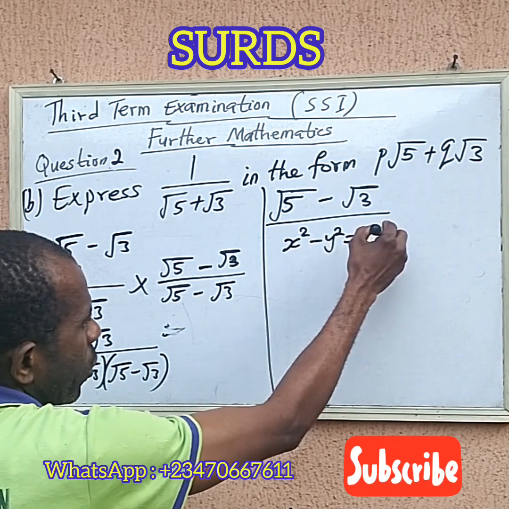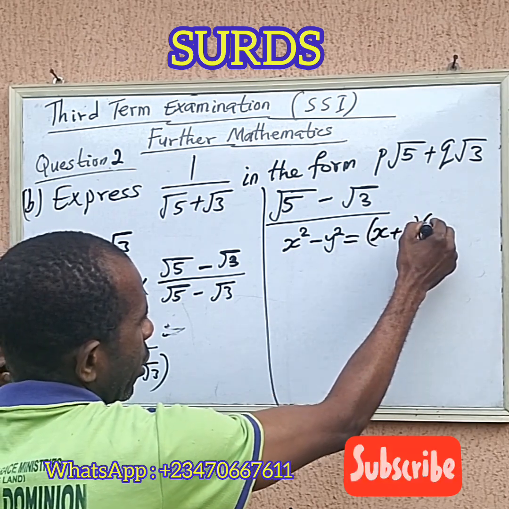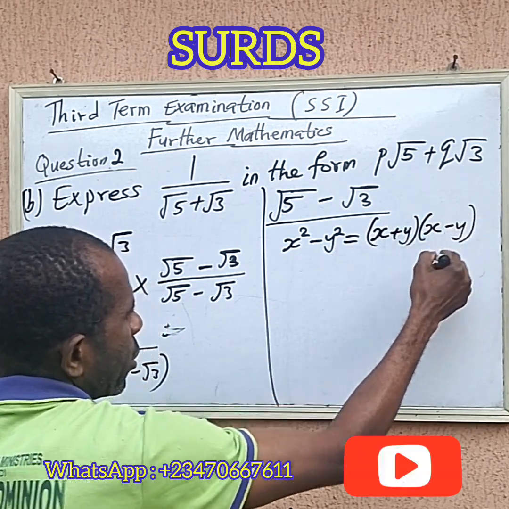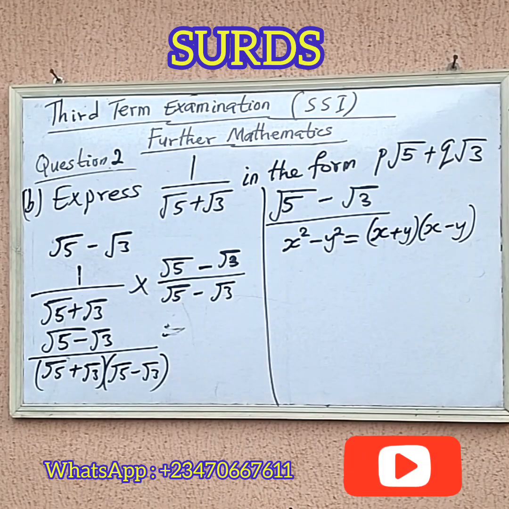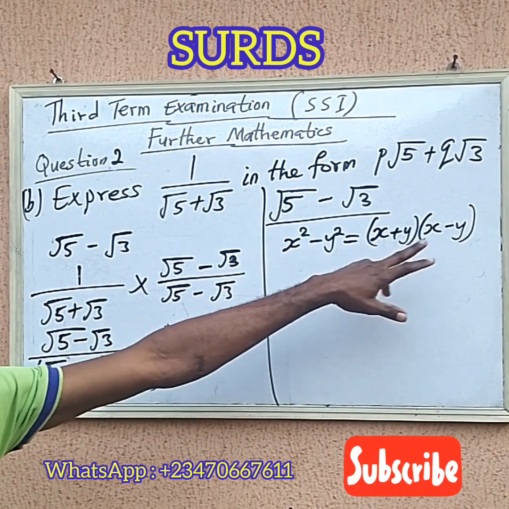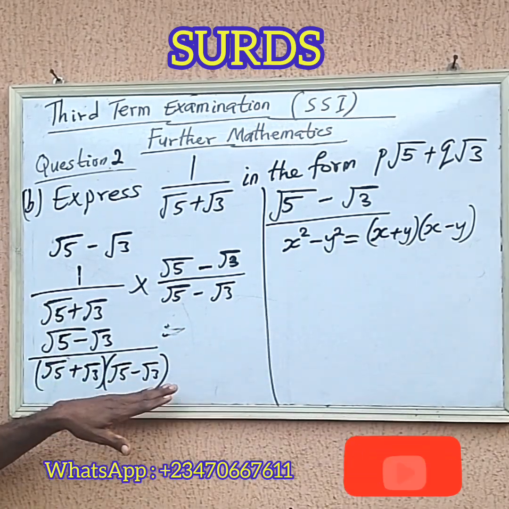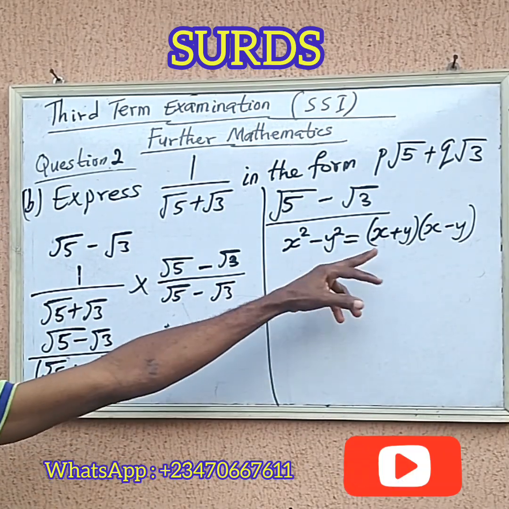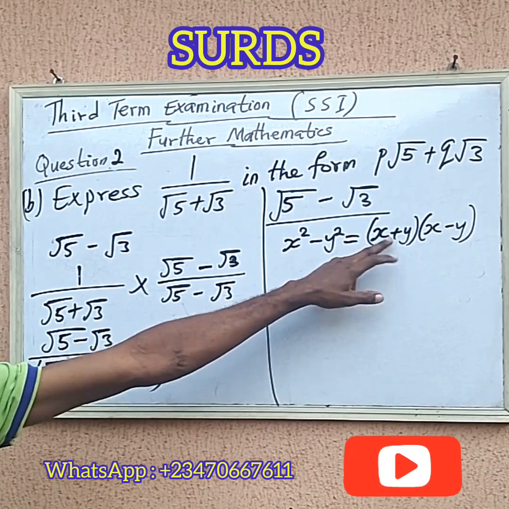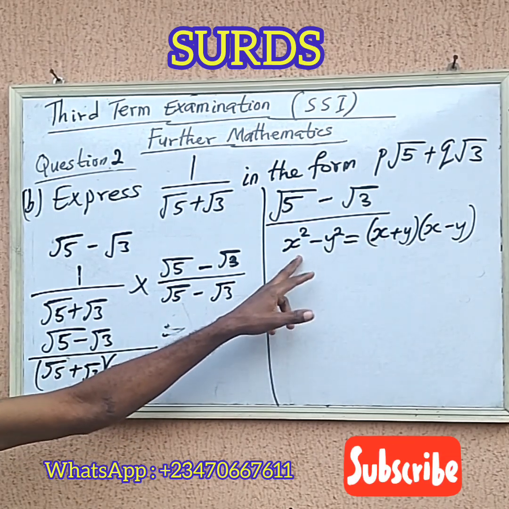So difference of two squares will give you x plus y, then x minus y. So if you look at this here, it means we have exactly this, which has already been expanded this way. So now I can make the work easy for me by transferring this kind of expression back to this, since if I multiply at the end of the day, this is what I am going to have.